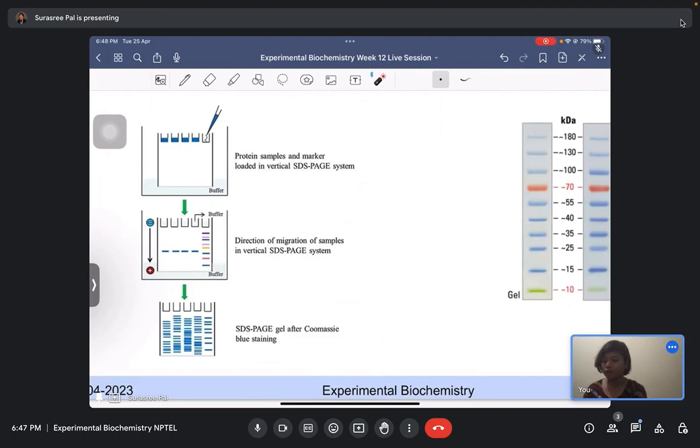From the cathode towards the anode, the proteins will migrate, because the proteins are negatively charged, so they will migrate towards the anode, right? And we will also use here, so you can see this, a pre-stained protein ladder or pre-stained protein marker.